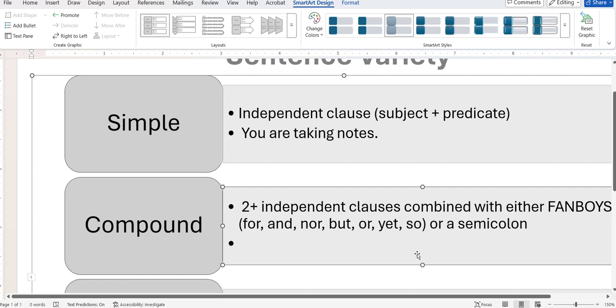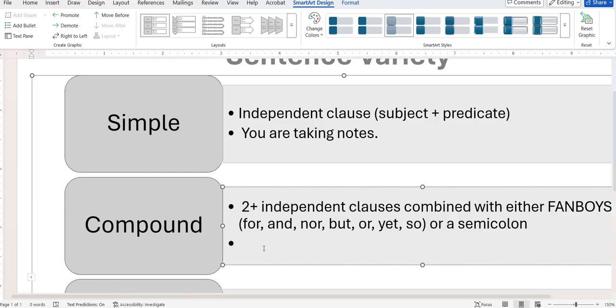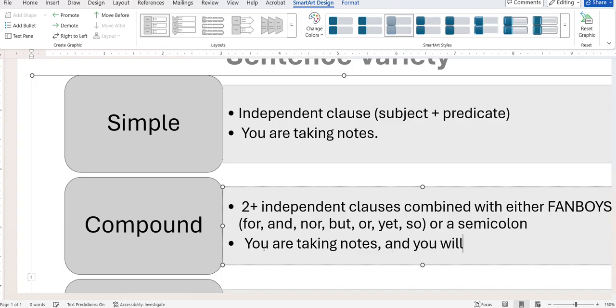But if you say, let's see, I said, you are taking notes and you will study them later.